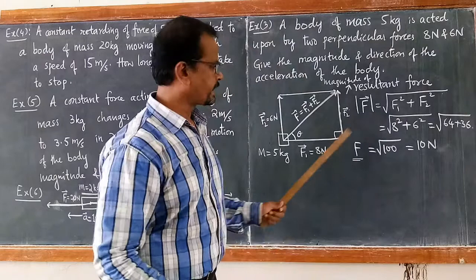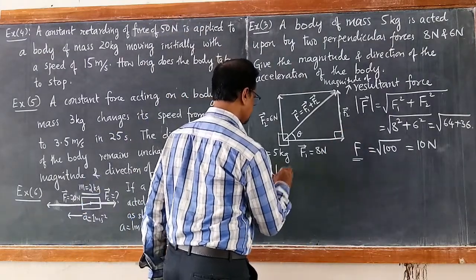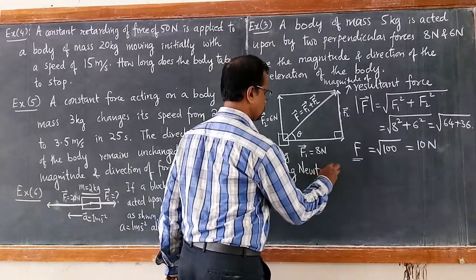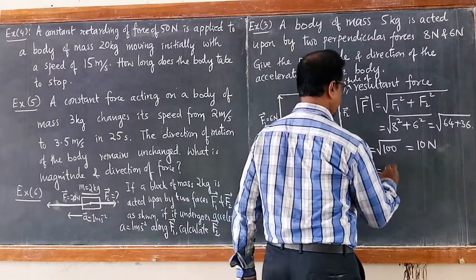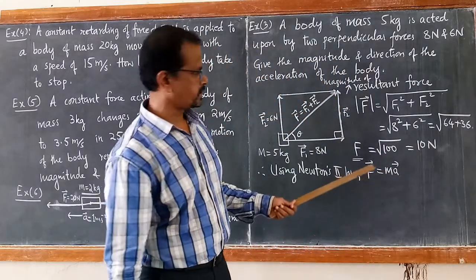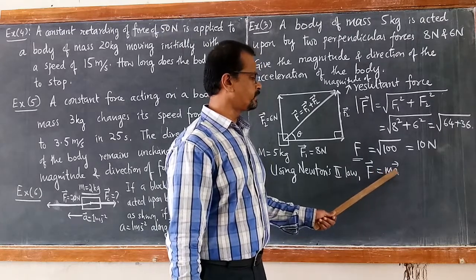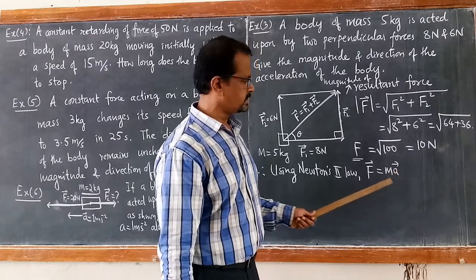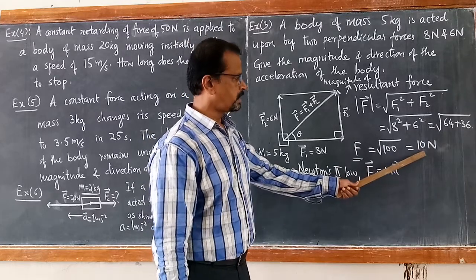Then you can calculate the acceleration. Therefore, using Newton's second law, F equal to m into a. It is the vector form of Newton's second law: vector F is equal to m into vector a. The direction of the acceleration is the same as the direction of force. So once we find force, we got 10 Newton.